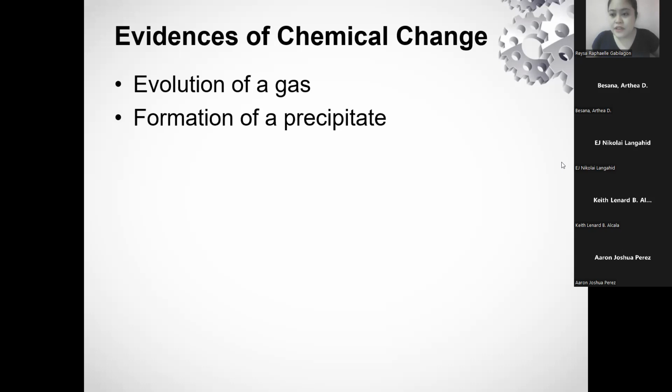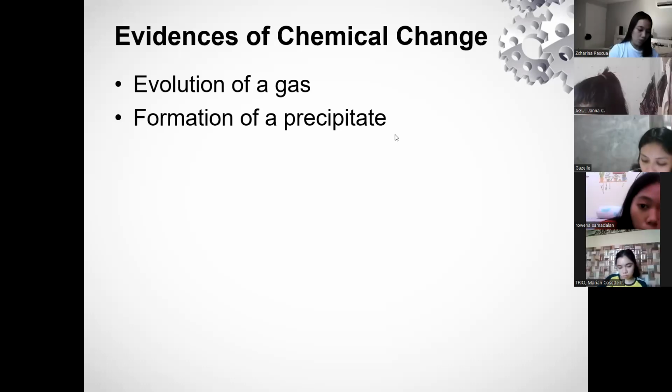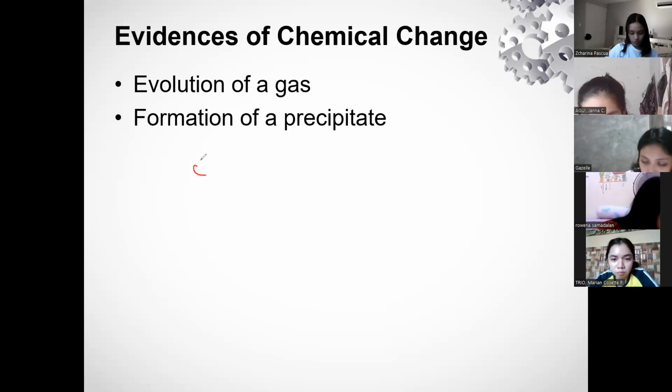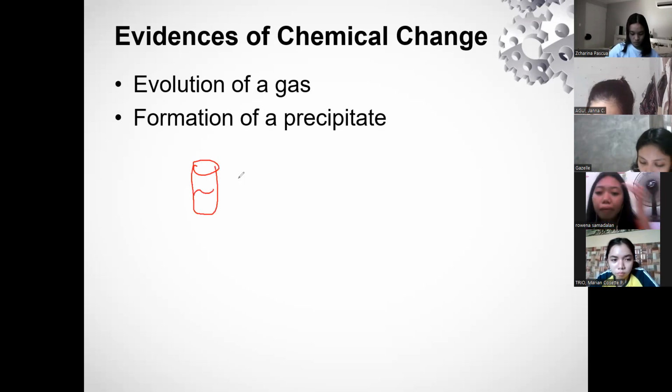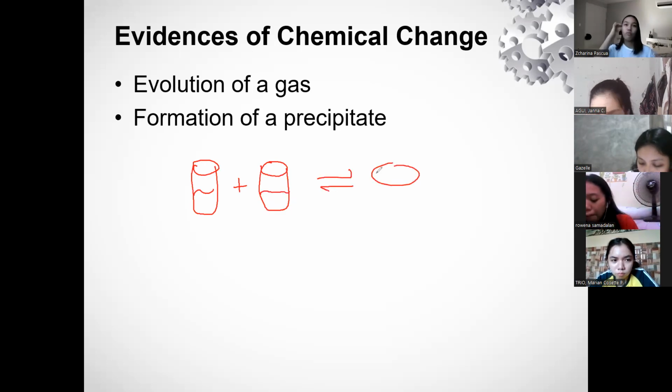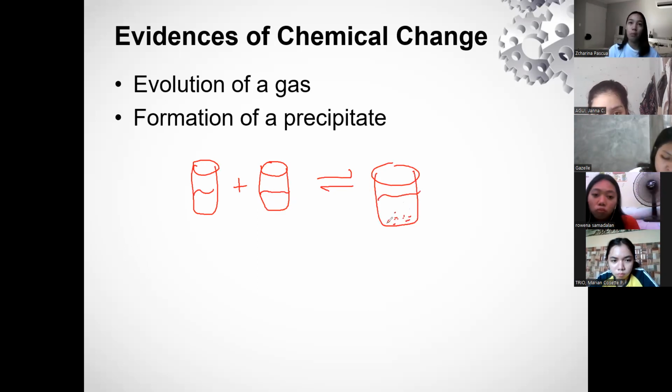Take note, class, when you say precipitate, that is an insoluble substance formed during the reaction. For example, you have a liquid substance, then you mixed it with another liquid substance. When you mixed them, what happened is you have a liquid substance but a solid formed that did not dissolve. The solid formed that did not dissolve is called a precipitate.